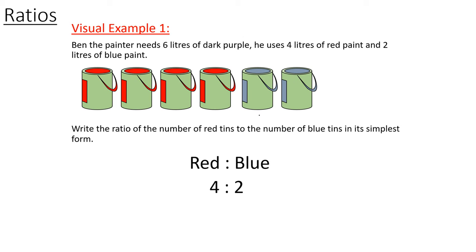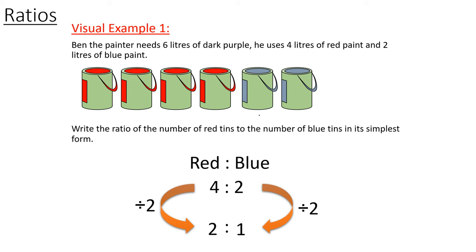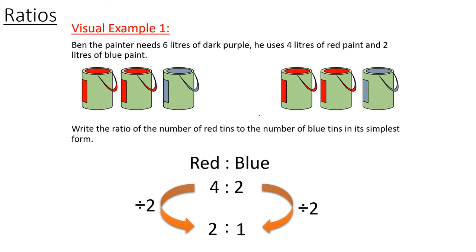He's got 4 red litres to 2 blue litres, okay? And we can simplify this because both our numbers can be divided by 2. So simplified, 4 red litres to 2 blue litres, we can divide both by 2, giving us a ratio of 2 to 1. So if you wanted to make it smaller, to make, for example, 3 litres of dark purple, you'd need a ratio of 2 to 1.